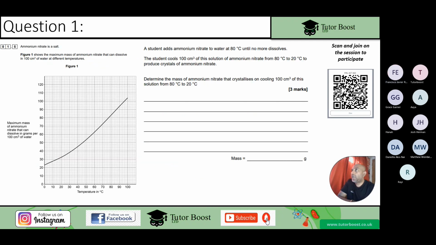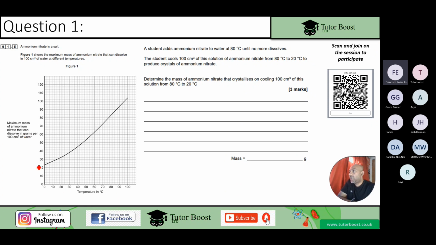Next question. Ammonium nitrate is a salt. Figure 1 shows the maximum mass of ammonium nitrate that can dissolve in 100 centimeter cube of water at different temperatures. So here on the graph, you have temperature on the x-axis. It starts at 0 and goes up to 100. And the maximum mass of ammonium nitrate that can dissolve in 100 centimeter cube of water.